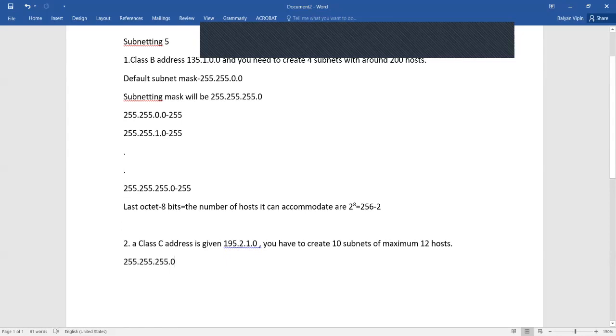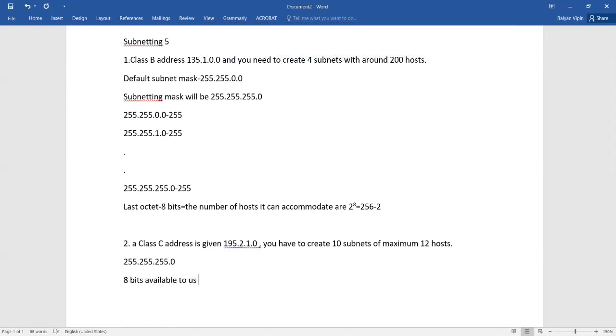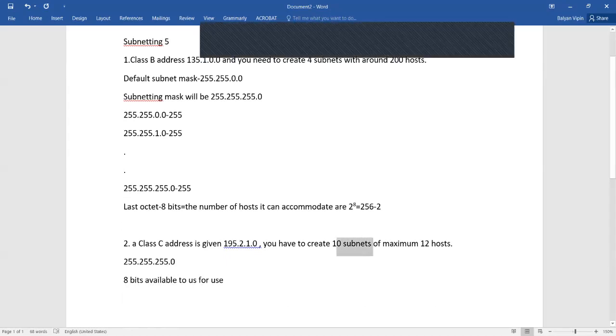So there are 8 bits available to us for use. Out of these 8 bits you have to use them for your subnets and for your hosts. So how many subnets do you require? You require 10, and hosts you require 12.